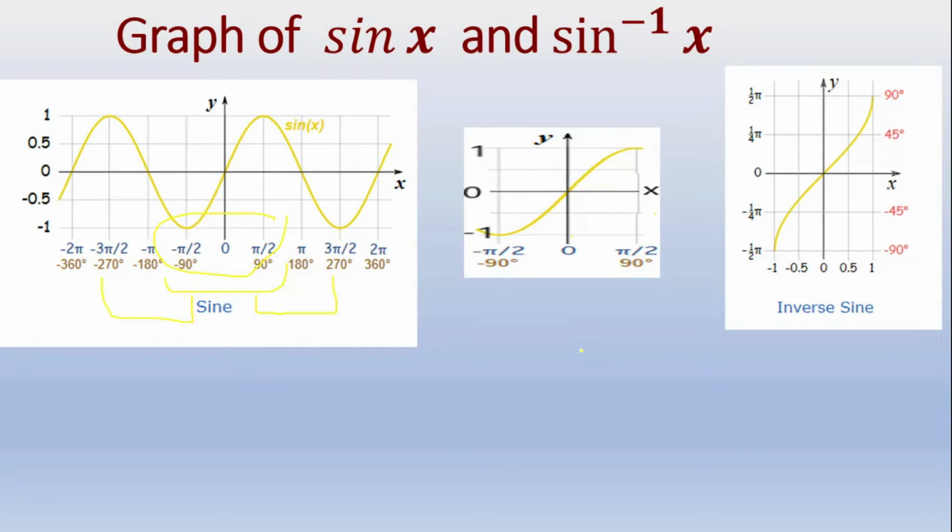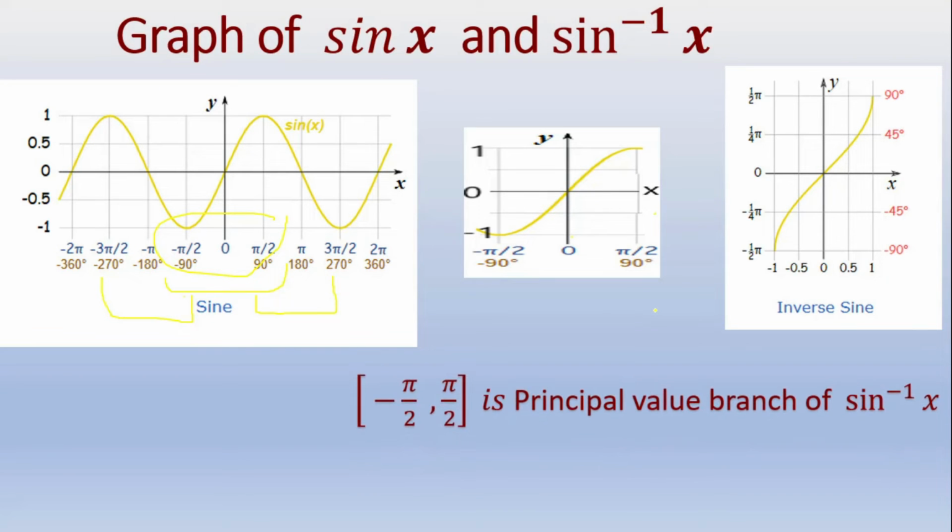You can obtain the graph of inverse sine just by taking the x-axis as the y-axis and the y-axis as the x-axis. So you'll get this. Here -pi/2 to pi/2 is the principal value branch for sine inverse x.